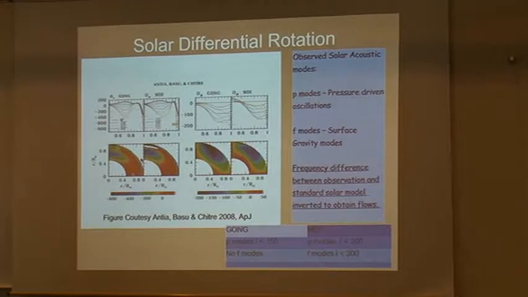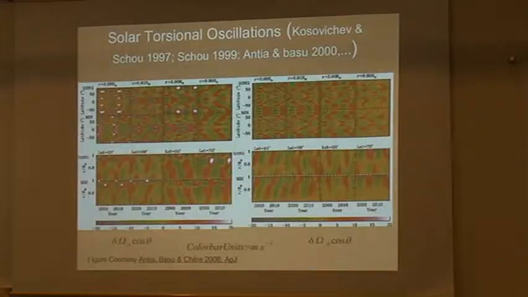The results are more or less the same between GONG and MDI, and the F modes don't affect the inversion. It was also all done, including gradients, in the 1998 paper by Paul. And even the comparison and explanation of why they're different have all been done, including error estimates.